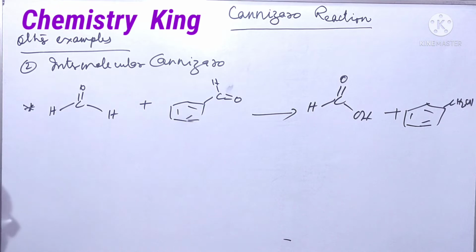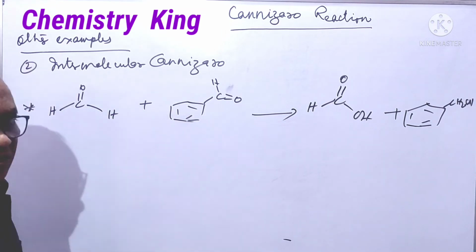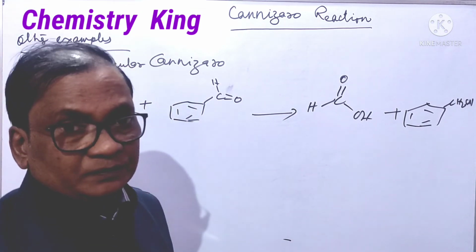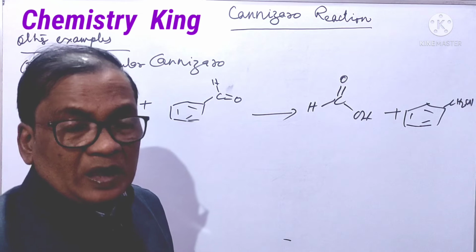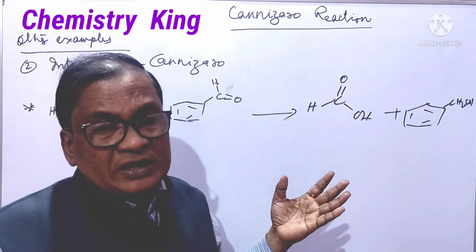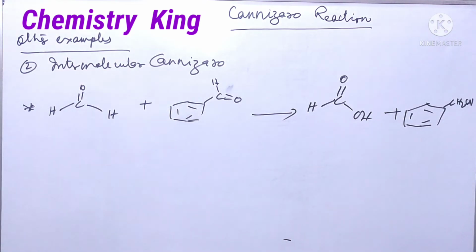Now it is formaldehyde and it is benzaldehyde. There is no alpha hydrogen in any of them. And the molecule is different, so it is called intermolecular.